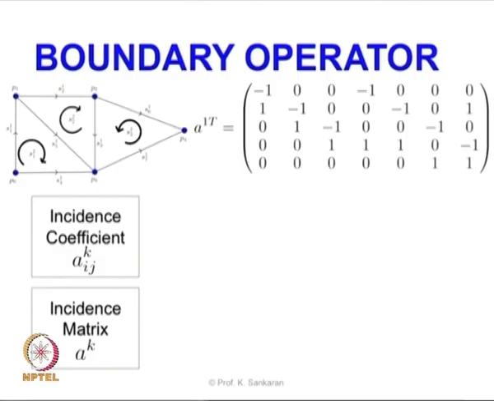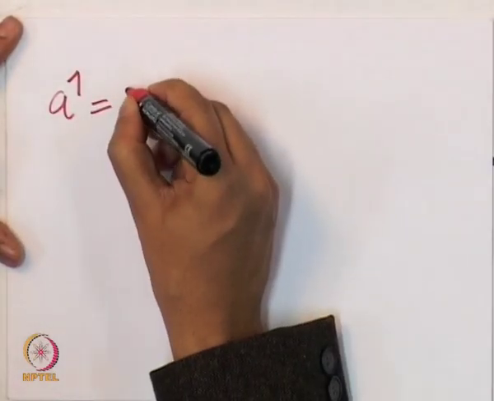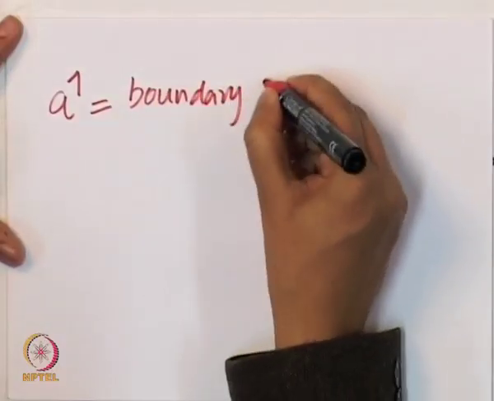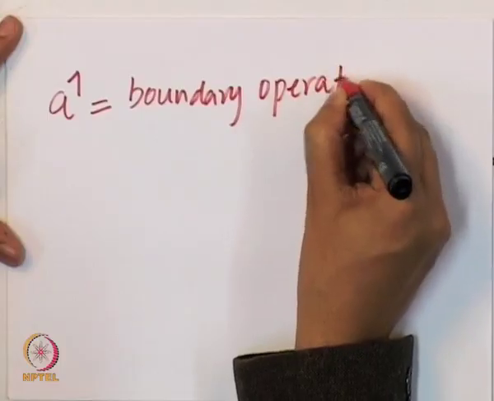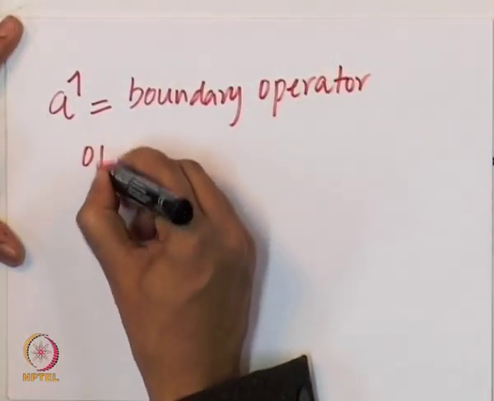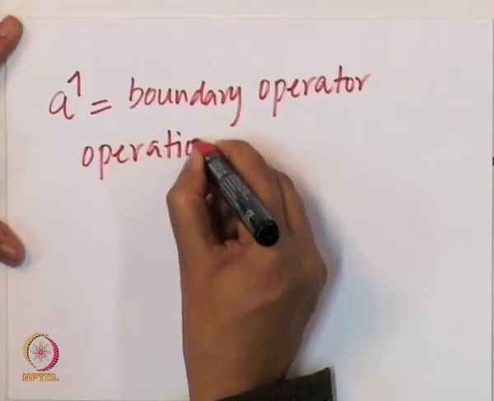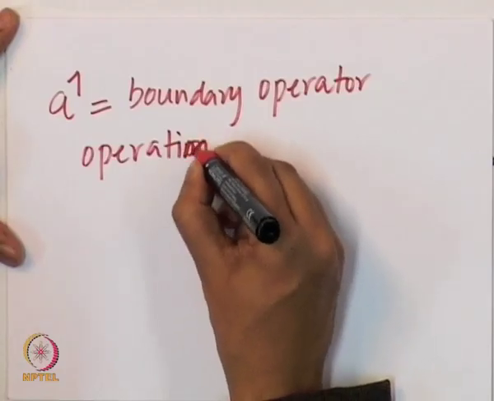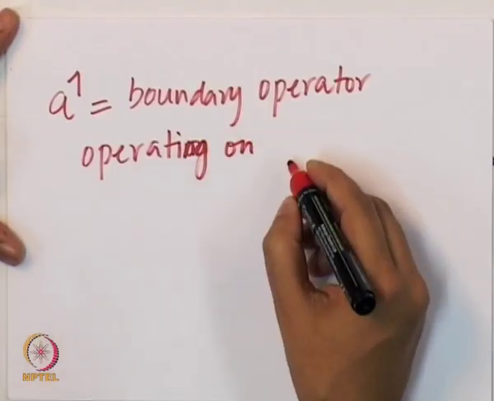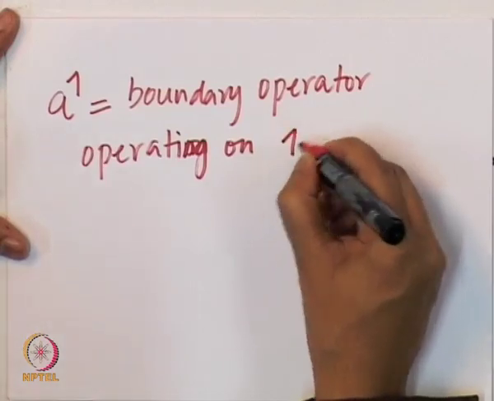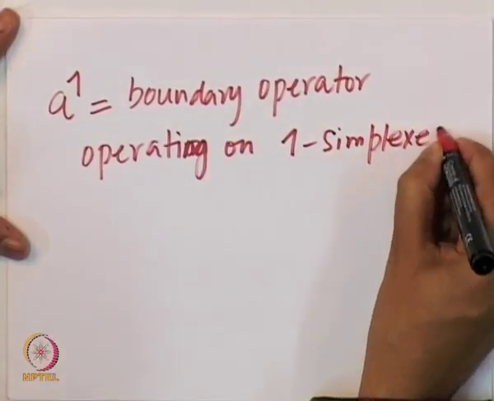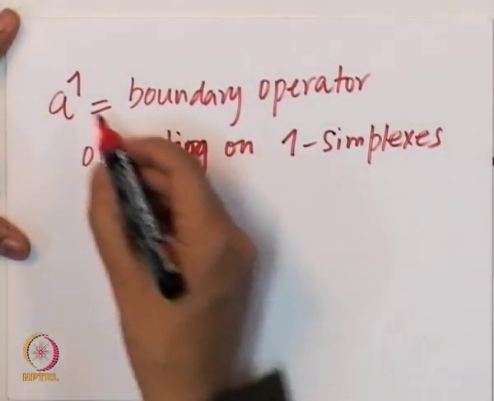So A1 is the boundary operator operating on 1-simplexes. So 1 operates on 1.